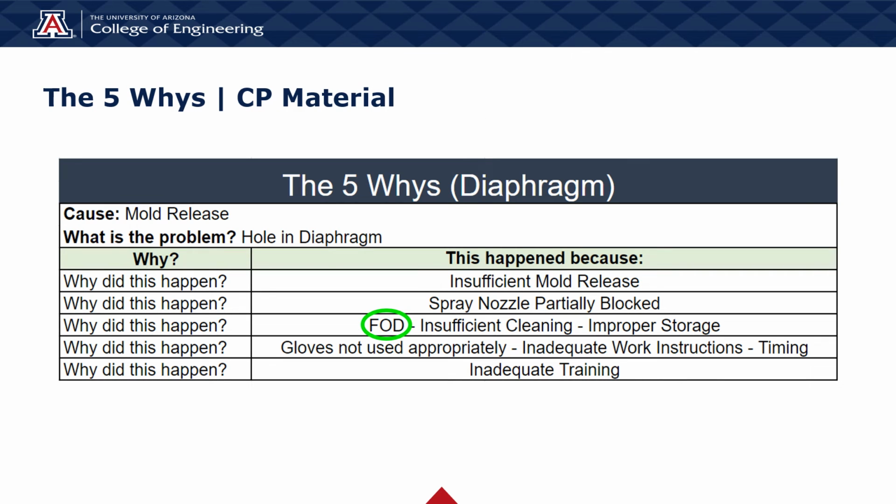After picking a specific cause from the Ishikawa diagram, we follow up with the 5 whys. By asking 5 times why we have a mold release problem that can potentially cause a hole in the diaphragm, the team is able to identify a potential root cause for corrective action. In this case, the team has decided to focus on FOD, or foreign object damage.